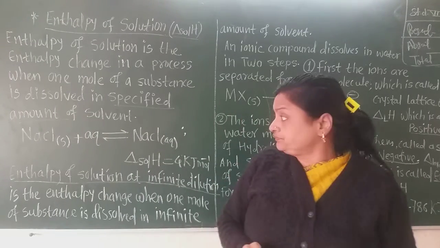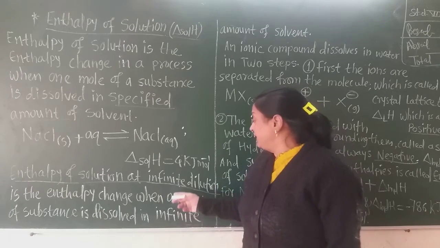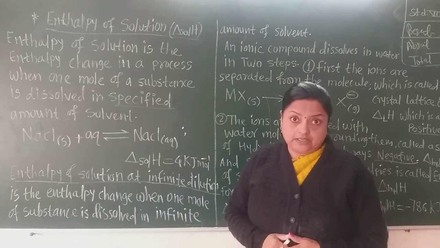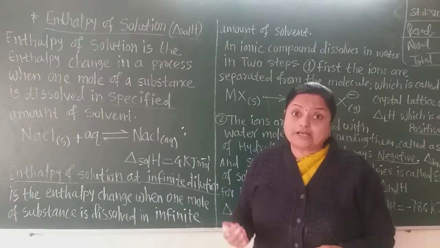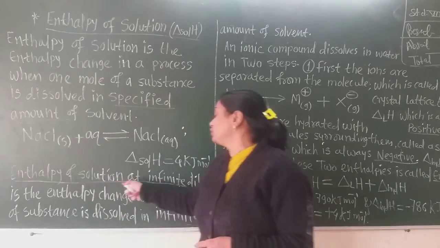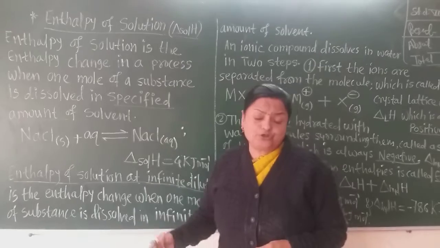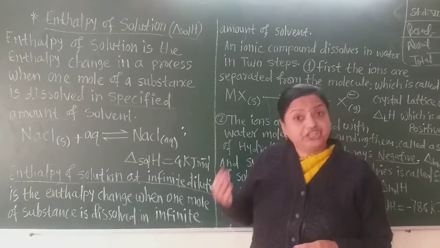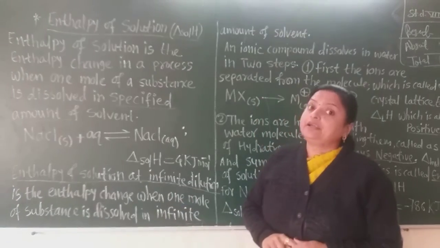But when we use an infinite amount of solvent, at that time the heat evolved or absorbed, that is the enthalpy change, is called the enthalpy of solution at infinite dilution. That means on further dilution there is no change in the heat. That heat is called the enthalpy of infinite dilution.